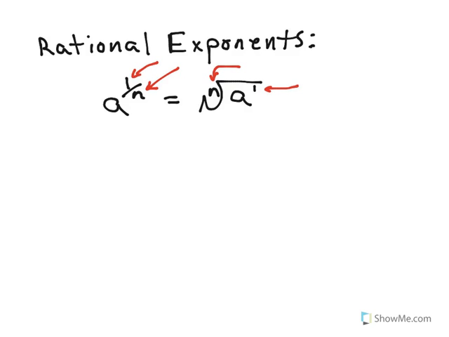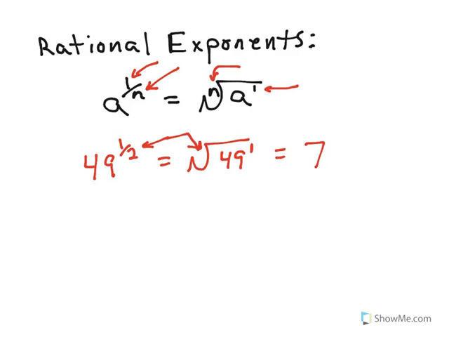For example, 49 to the 1/2 power equals the square root. In this case, the denominator is the index, which is a 2, and in square roots we don't need to place the 2 there. And the numerator is the exponent of the radicand. Square root of 49 is 7.